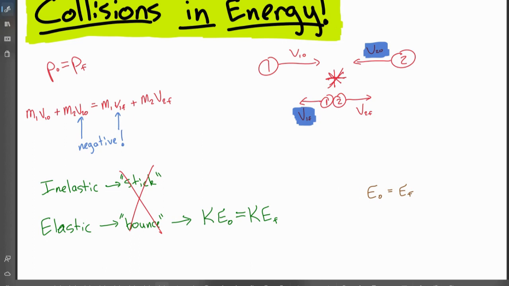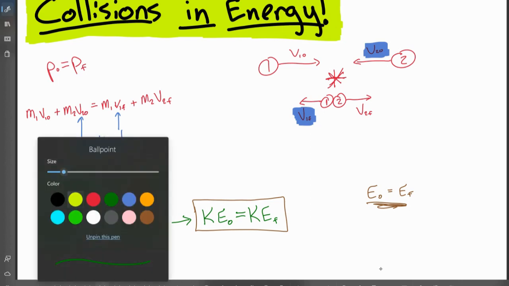But let's say for the sake of this problem that there are no outside forces. So it's just energy initial equals energy final. We know that must be true. However, an elastic collision is special because all of the kinetic energy is conserved as kinetic energy.